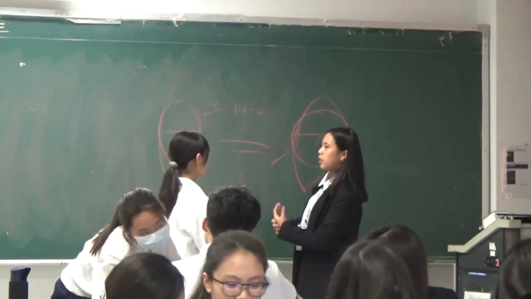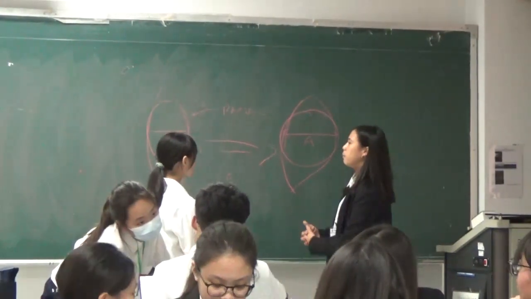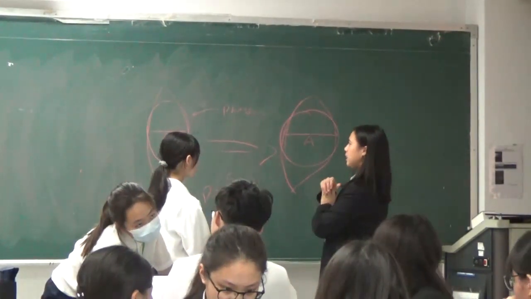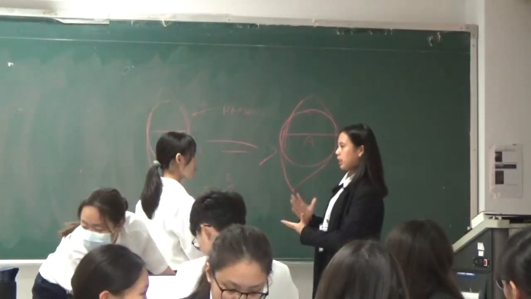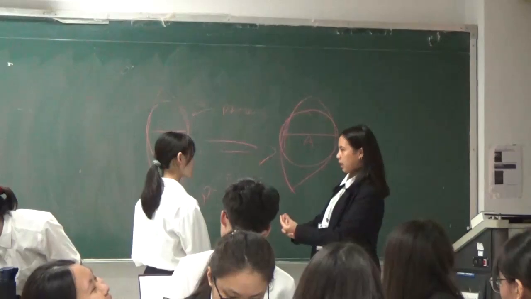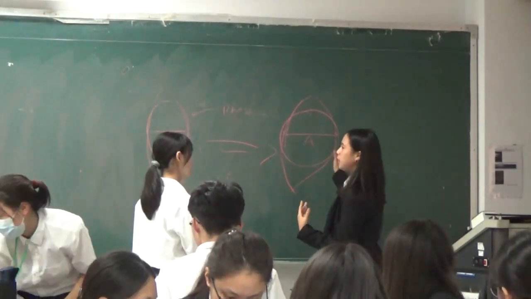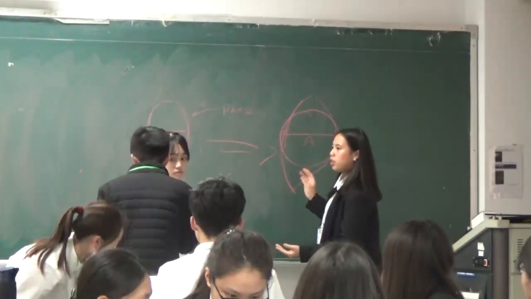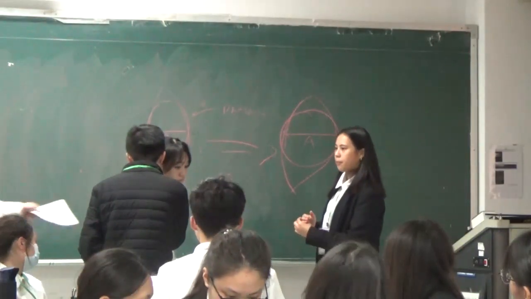Then let's go back to the problem statement. As the balloon expands and contracts, how do the relevant parameters affect it? So therefore, as the balloon expands and contracts, your relevant parameter is the force on the balloon.